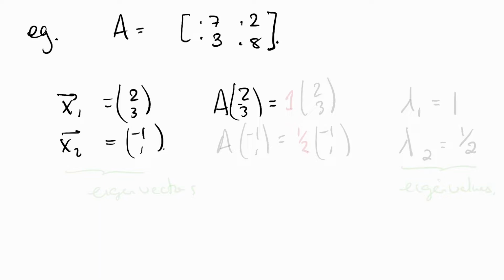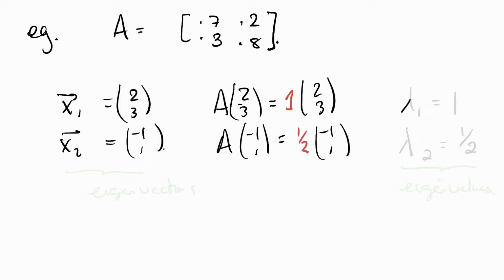And A times (-1, 1) is equal to a half times (-1, 1). Here I will just highlight that this is 1 times (2, 3), and this is a half.